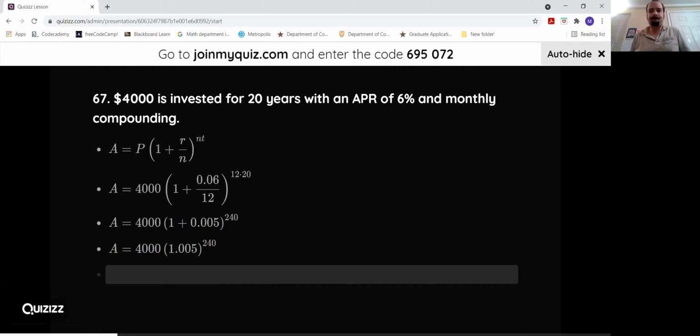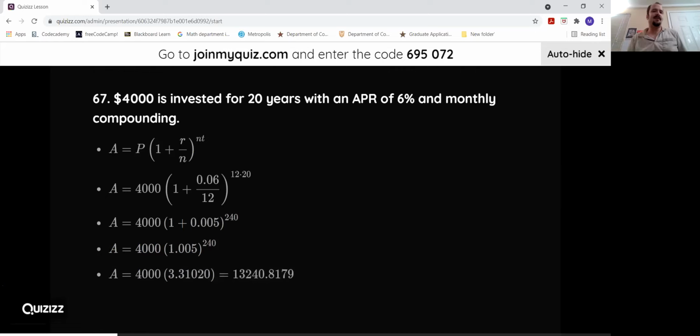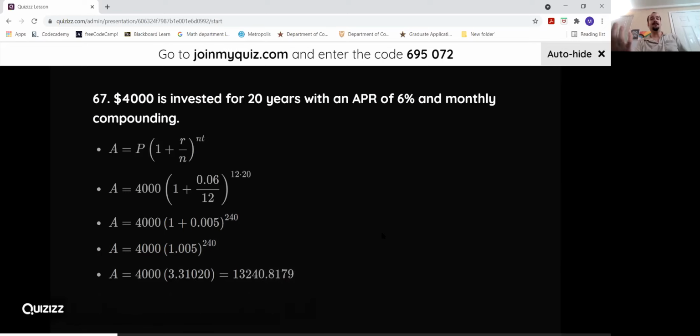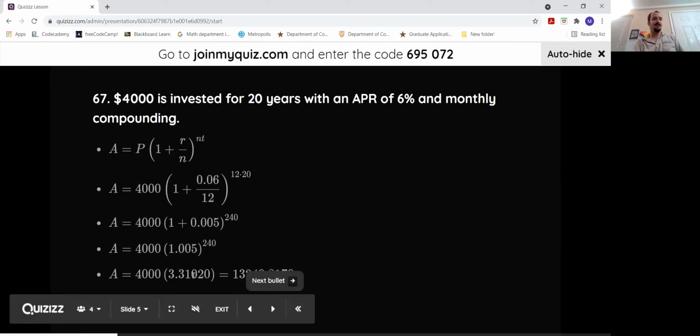Okay. And if we do that, I get something like 3.310. Multiply that by 4,000. That's where we're getting the 13,240.81, 13,240.82, 13,240.80 that you were getting. So that all depends where you round this thing. So my advice is don't round it. Definitely don't round it until maybe this last point.